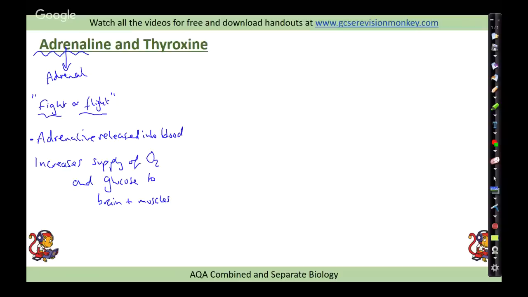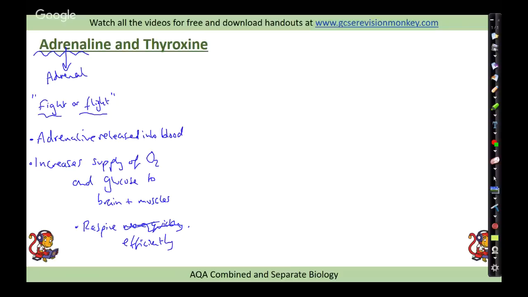Okay, that bit is absolutely vital. But obviously, if you're talking about oxygen and glucose, you're linking into the ability to respire, maybe not more quickly, but really efficiently, in response to the fight or flight situation that you found yourself in.